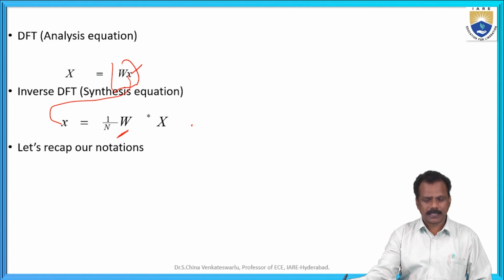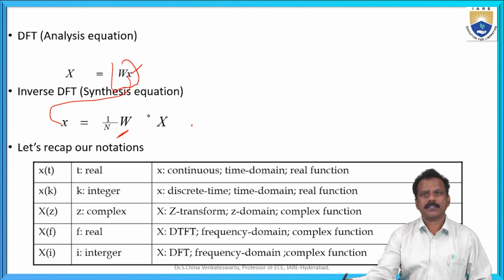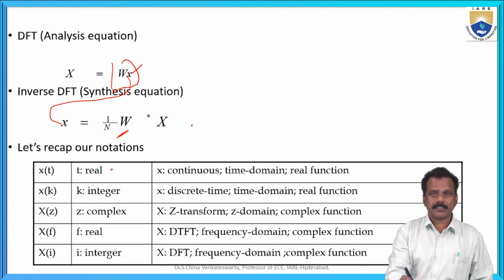So let's recap our notations. X of t, where t is real, is a continuous time domain real function.